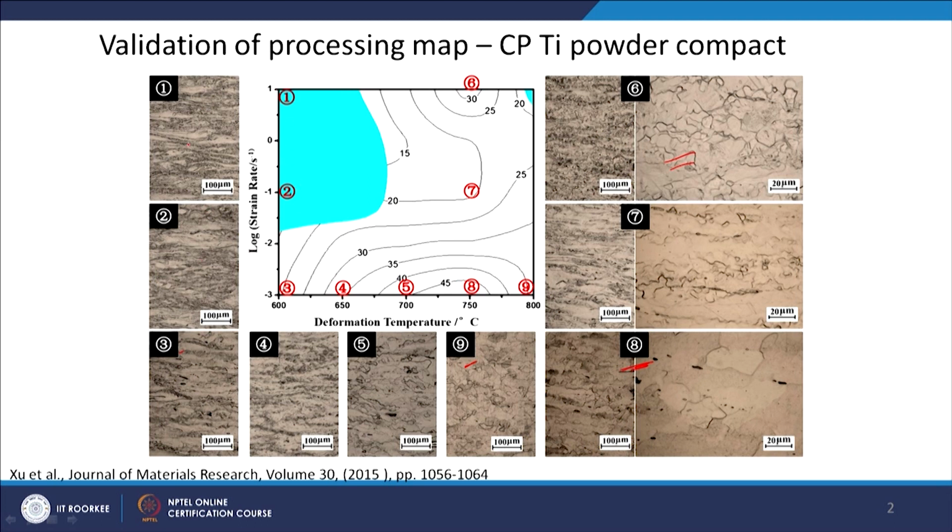So, in this 1 and 2 you can see some kind of flow localization, whereas in other cases you can see relatively nicer microstructure. So, this work was done in commercially pure titanium powder compact.